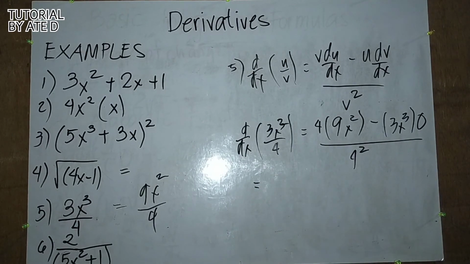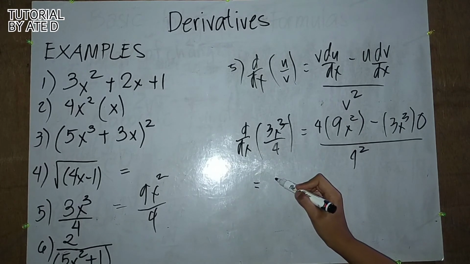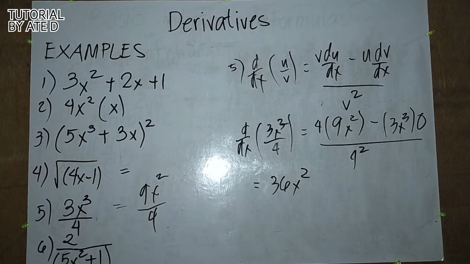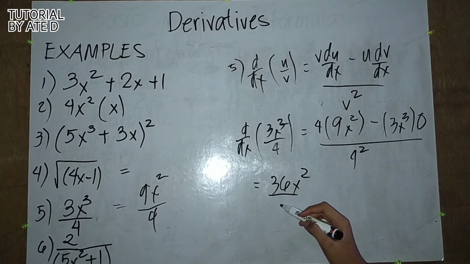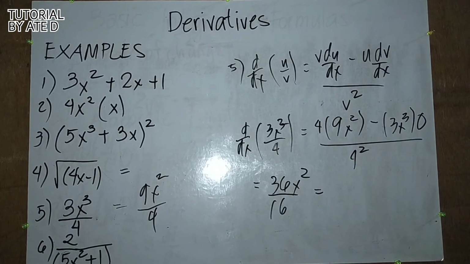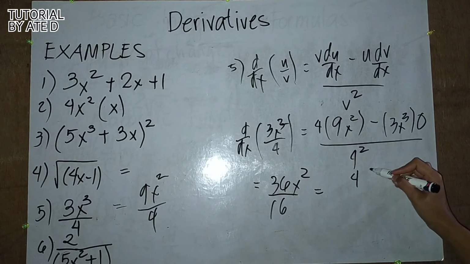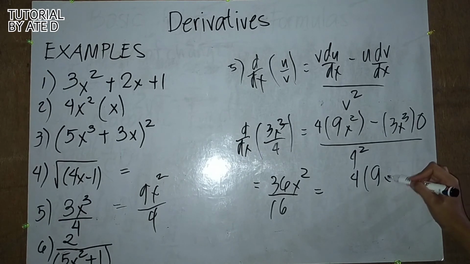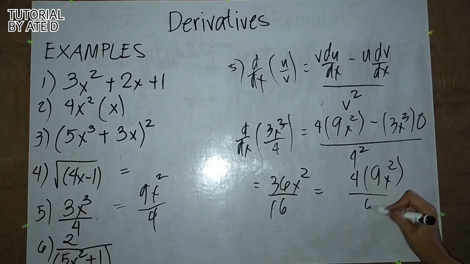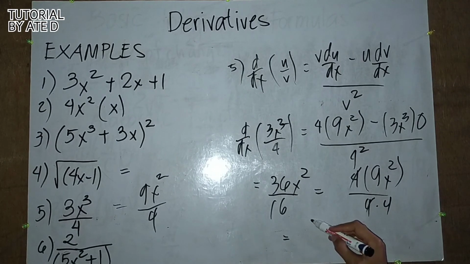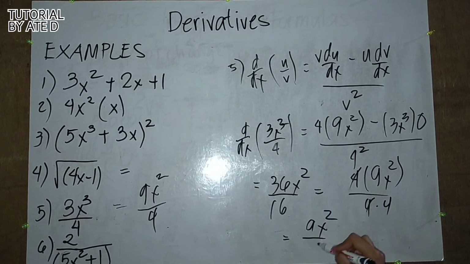So, solving. So, 9 times 4 is 36x squared minus 0 kasi anything that is multiplied to 0 will result to 0. Kopyahin lang natin. So, denominator, 4 times 4 is equal to 16. So, pwede pa natin siyang i-simplify. So, magiging 9x squared, parang ganun din. Tapos, 4 times 4. Ika-cancel out. Ayan. So, magiging ang final answer is 9x squared all over 4. So, parehas din sila. So, anything sa dalawa, pwede nyo gamitin.